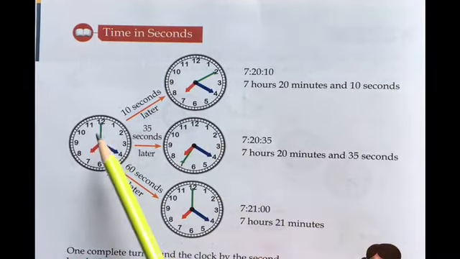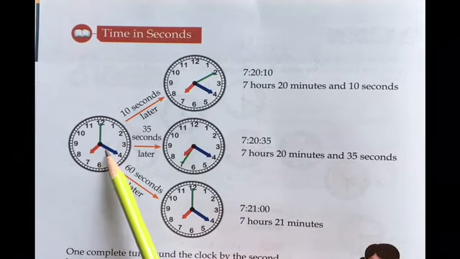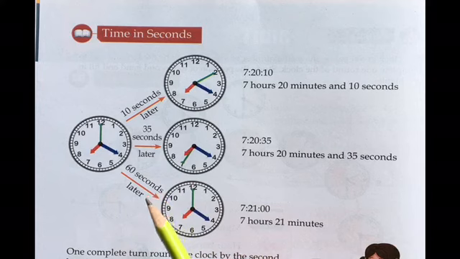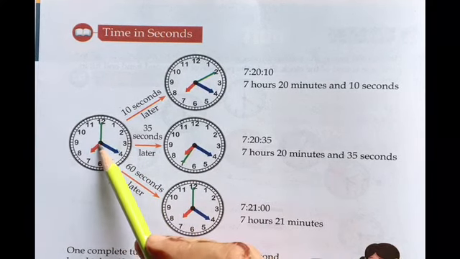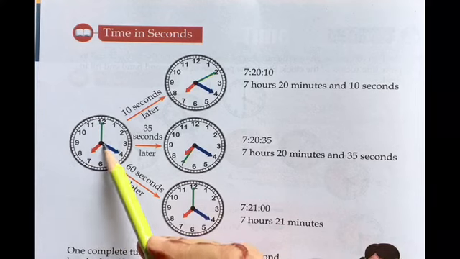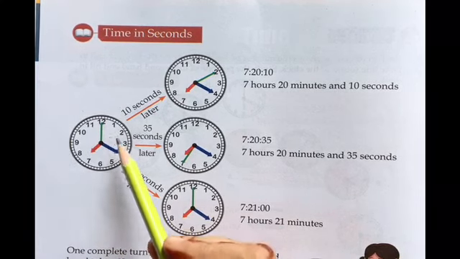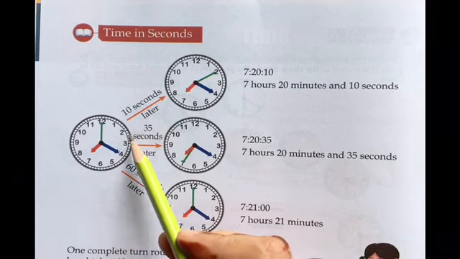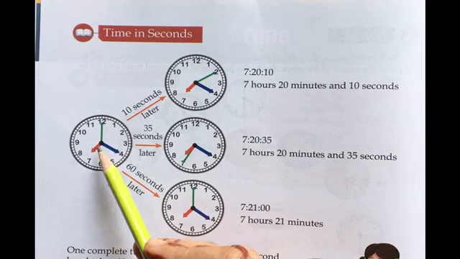Now if you see this, the position of the hour hand and the minute hand show us the time. Like in this clock, the time is, see, this is at 7 and this is at 4. So it is 7, then 5, 10, 15 and 20. This is 7:20.